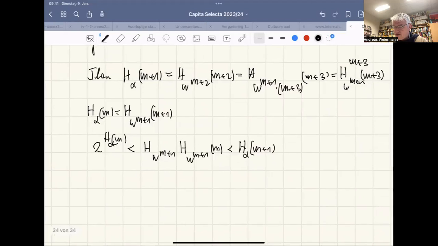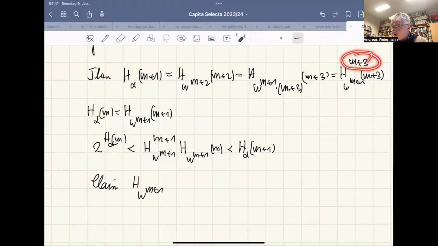Why is this the case? Well, what we need is that h omega to the m plus 1, well, I do slightly different. I plug in here m plus 2 or m plus 1. But here we have the exponent m plus 3, here we have m plus 1.